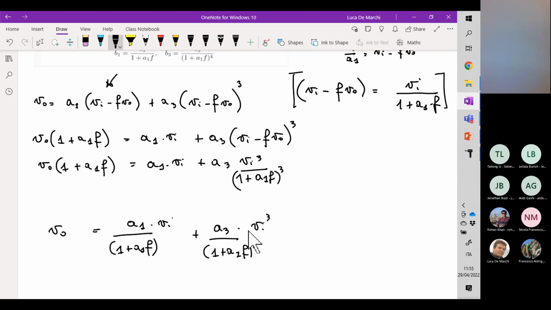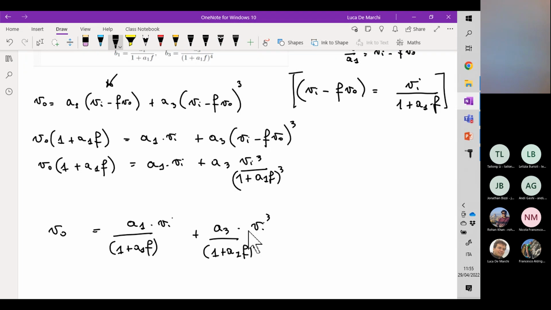Another important fact is that, as I said before, VE plus F V out is equal to 0, and this is due to this relationship here, when V input is equal to 0.